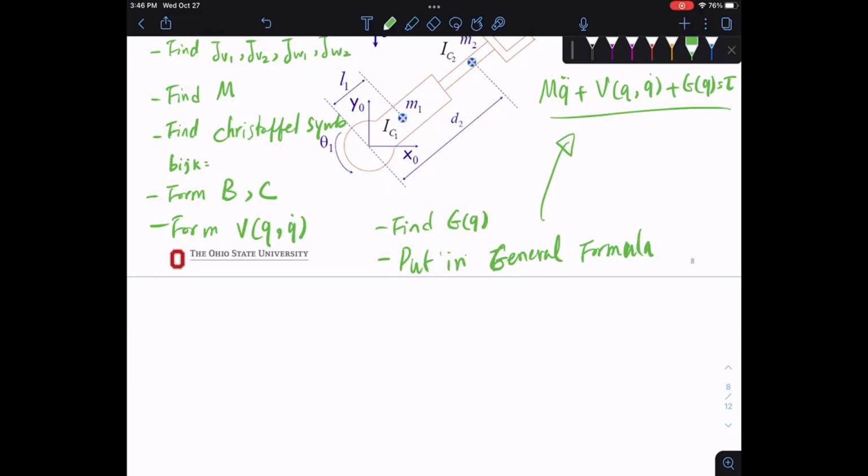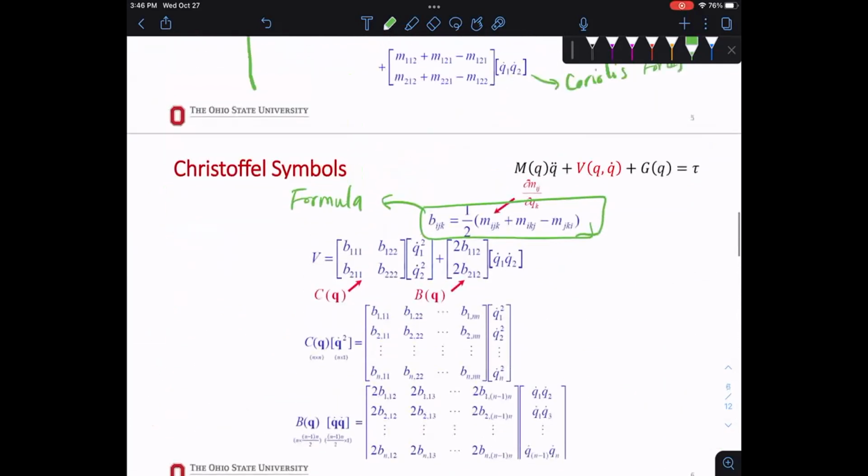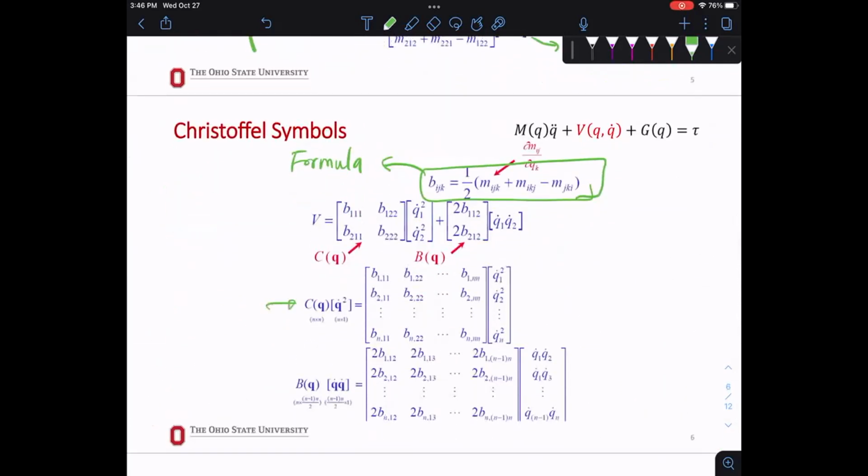Form B and C, then form B, q, and q dot. What is B and C? After you have the Christoffel symbols, you have b_ijk, then you form these two because these are actually the coefficients of q dot squared.